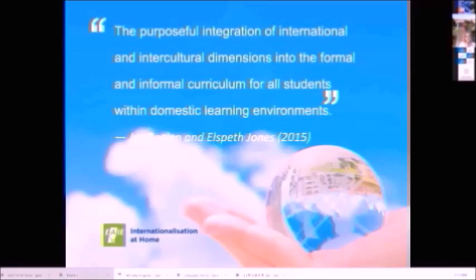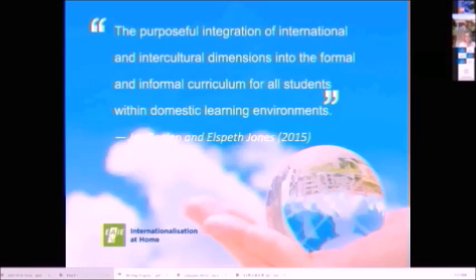We specifically say that integrating international and intercultural dimensions into the formal and informal curriculum needs to be purposeful. We need to do it with a purpose in mind. It will not happen automatically. We need to think about how this is going to be available to all students, and not simply those who are able to travel.